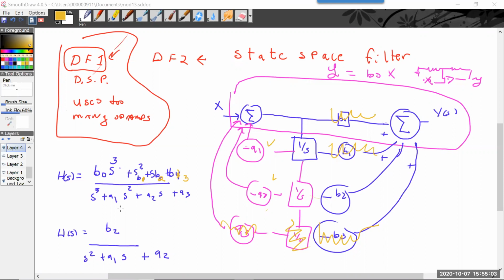Now, this was the transfer equation we used in the RLC example, where I have S's. I don't have 1 over S's, because you can see that this is 1 over S times 1 over S, so you get 1 over S squared, and then you feed it back, and then you feed it here. So where are these integrators coming from when it doesn't look like there's an integrator in the transfer function?